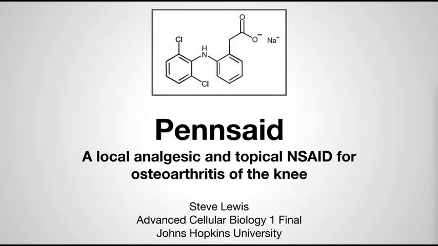So given what we know and what we're constantly learning about different signal transduction pathways, I think it would be cool to design a drug that takes advantage of that, in hopes that it ultimately prevents osteoarthritis from getting worse, as is currently the case with NSAIDs.